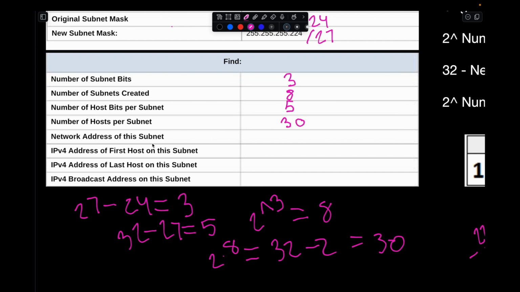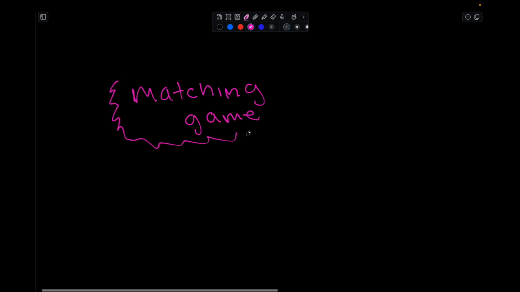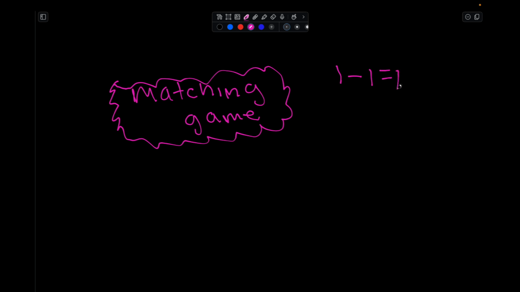Right, now we figure out the network address for the subnet. We get to play a cute little game. I like to call it the matching game. Ooh, the matching game. Basically, if we have a 1 and a 1, it's going to equal a 1.